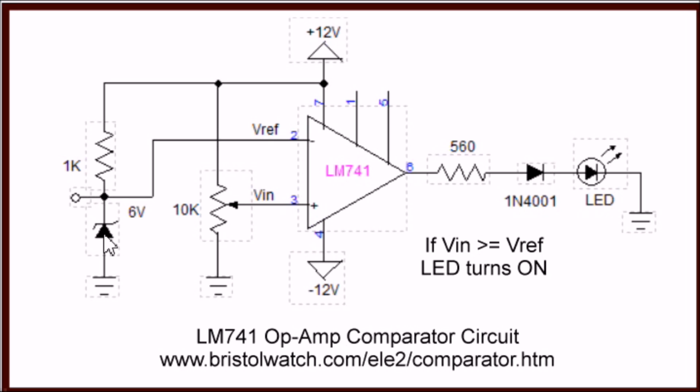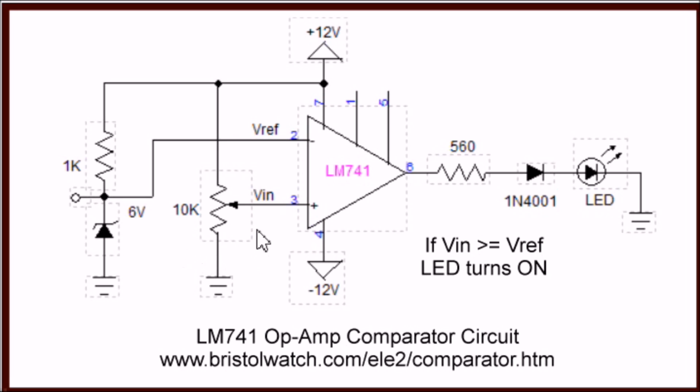You want to do this in quite a lot of circuits, because if the voltage up here at plus 12 volts were to drift around, your V reference would drift around and it could cause you some problems. In this case, I have Vn going to the plus terminal from a 10K potentiometer.